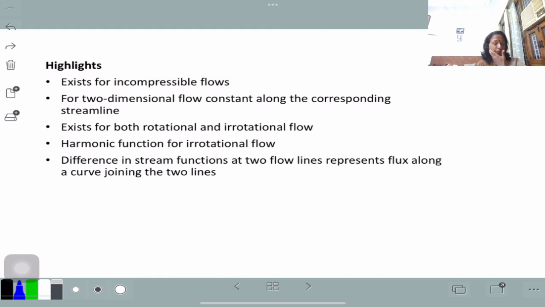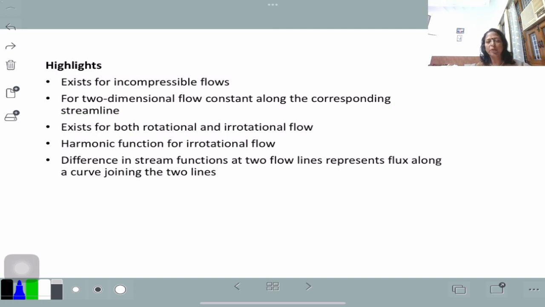And then we'll show that if there are two flow lines, then there will exist naturally stream function on the two lines, and the difference of the values of stream function along those two lines will represent the flow across a curve joining the two streamlines.